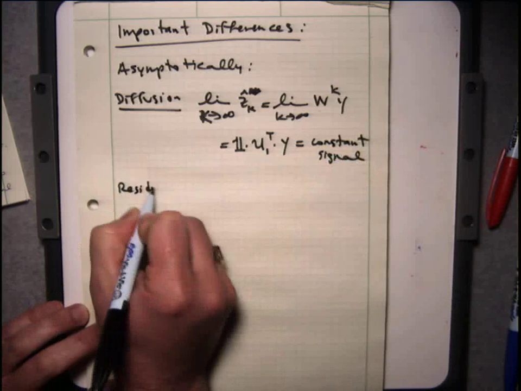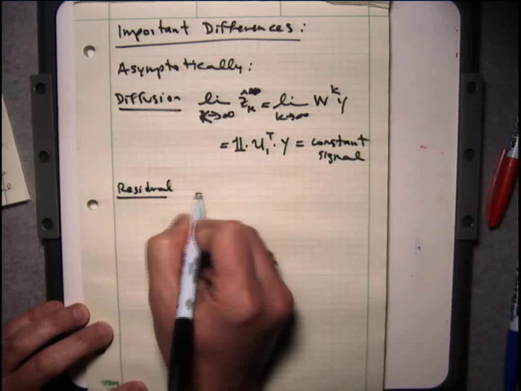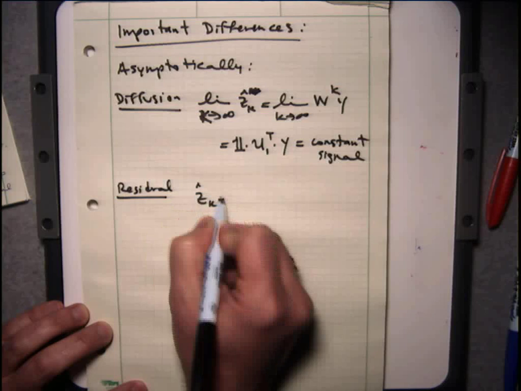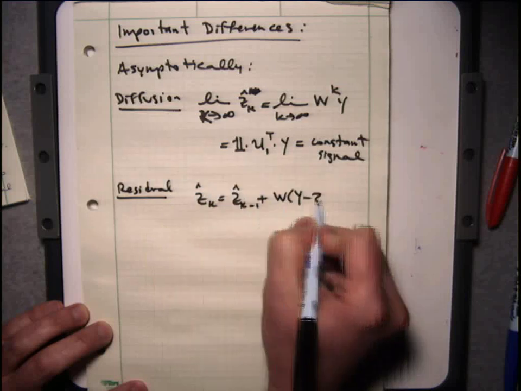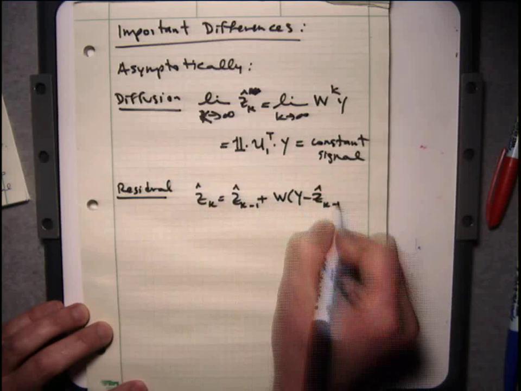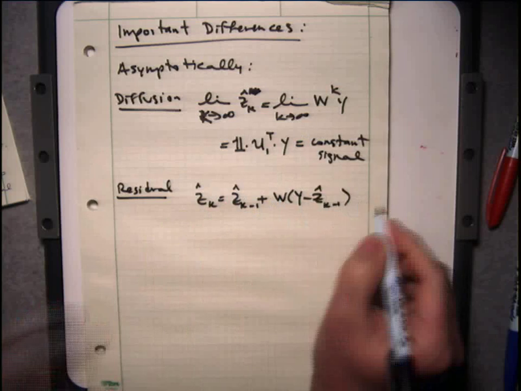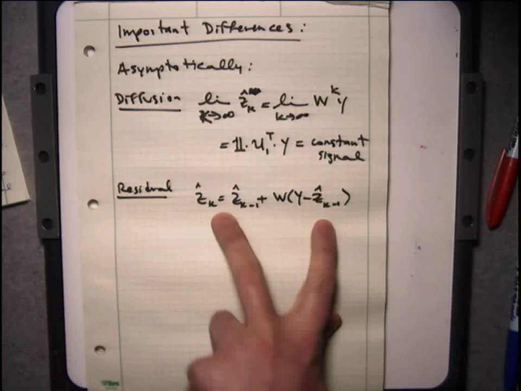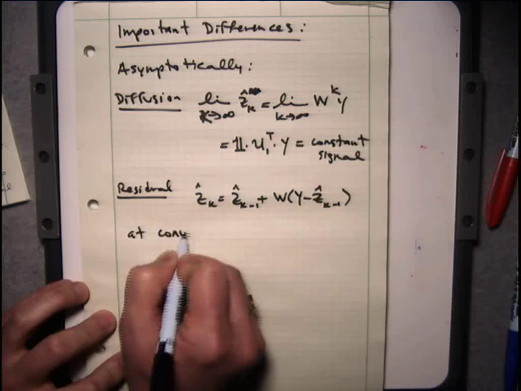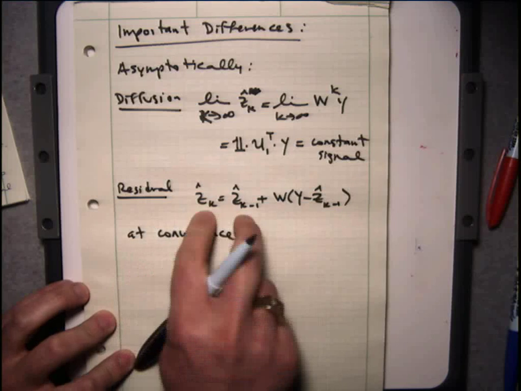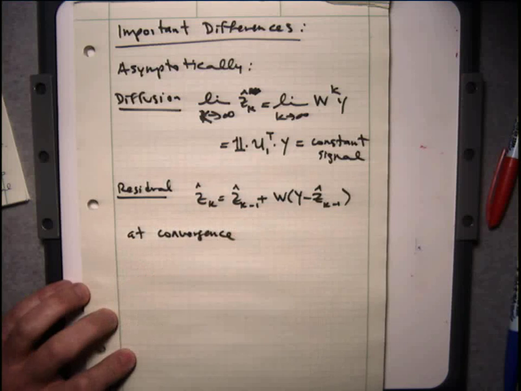All right, so now what about this residual iteration? Let's see what happens to that. So the iteration is this: z hat k equals z hat k minus 1 plus w times y minus z hat k minus 1. If you take a look at this, at convergence, z hat k and z hat k minus 1 should be equal, right?